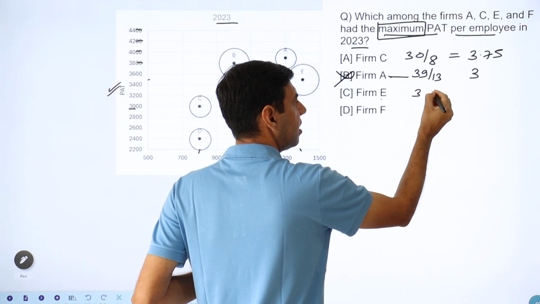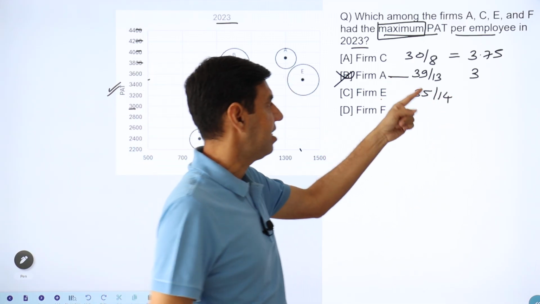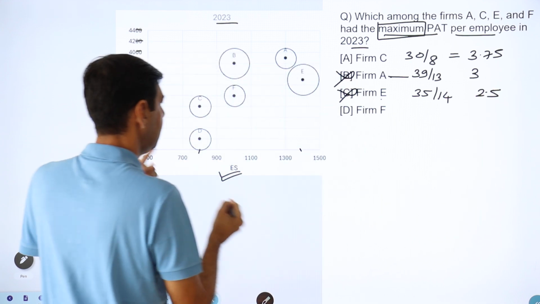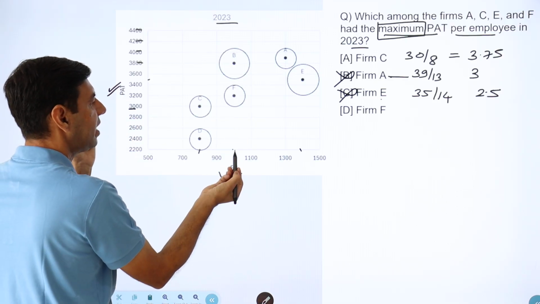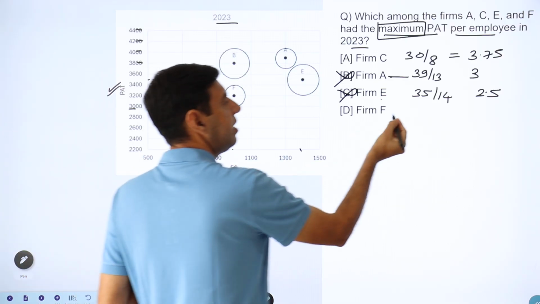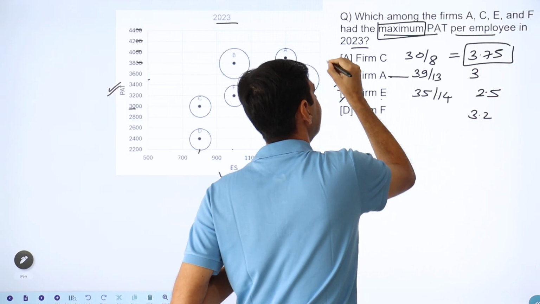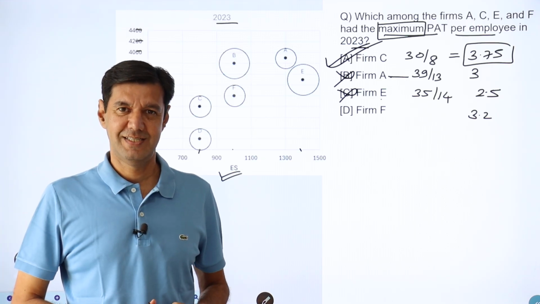So you could do 35 by 14. Both are multiples of 7. 5 by 2, 2.5. So this is also not my answer. And finally F, 32 divided by 10. 32 by 10 is straight 3.2. So this is the highest. So from C, option choice A is the answer.